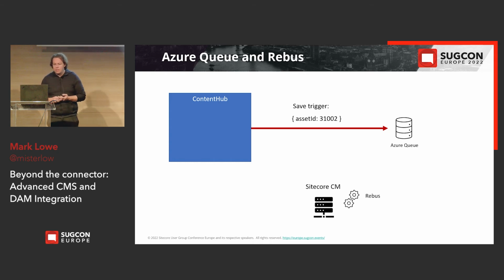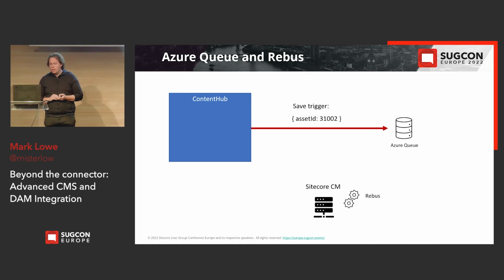So it'll basically send the asset ID to this Azure queue. It actually even sends a change set and some additional information, but basically all we need is, hey, asset ID so-and-so has changed. And then we can hook up the CM instance with this Azure queue. There's different ways of doing it.